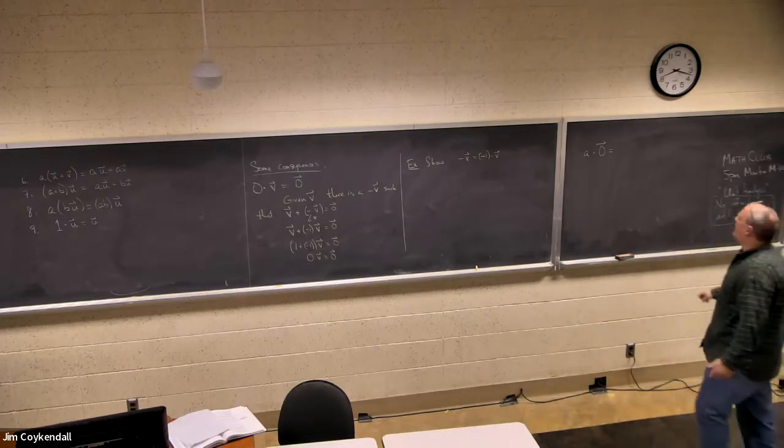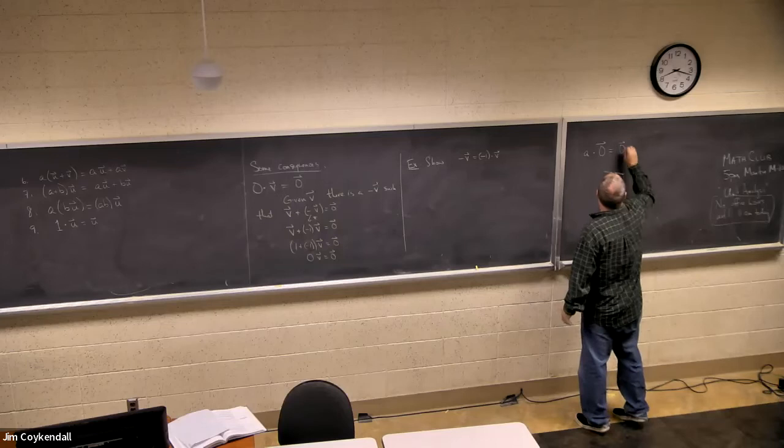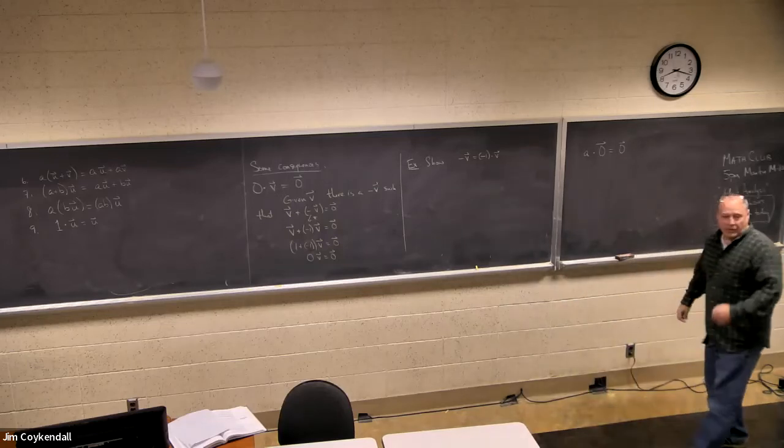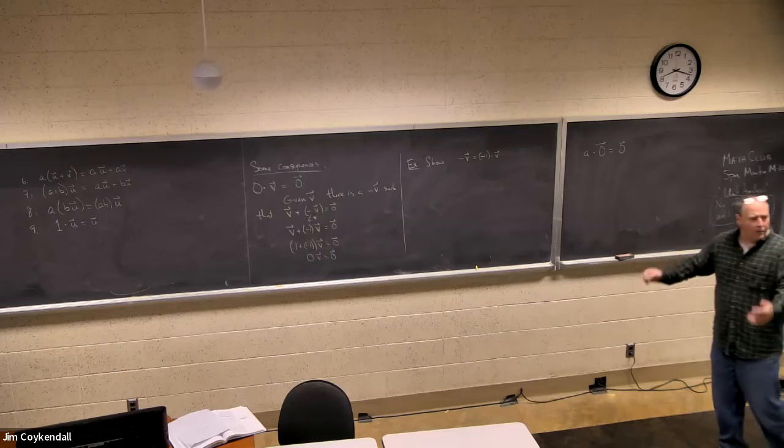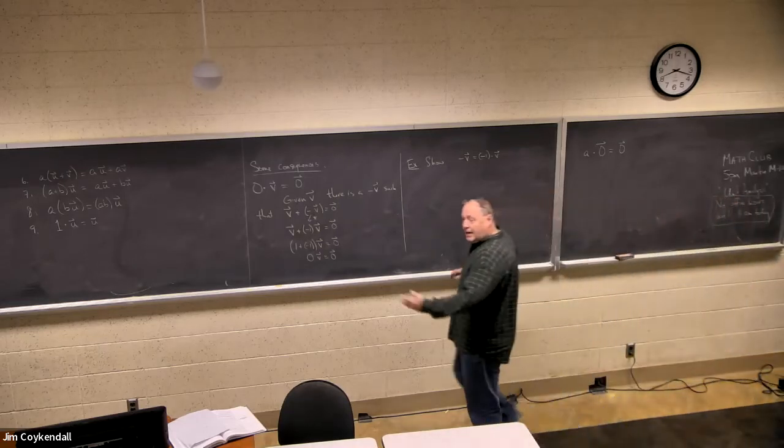The zero vector, just like I did before, with ordinary numbers. This is another consequence that follows from all the rules. See if you can figure out why that's true.